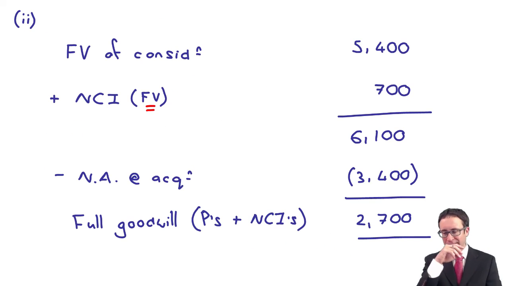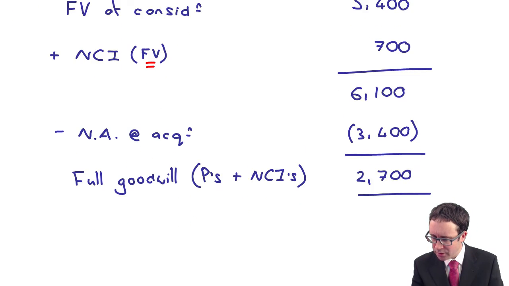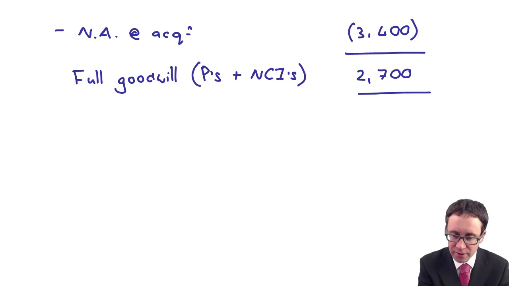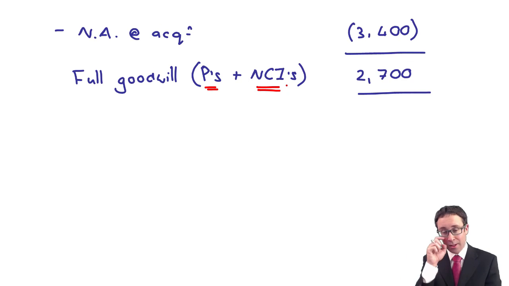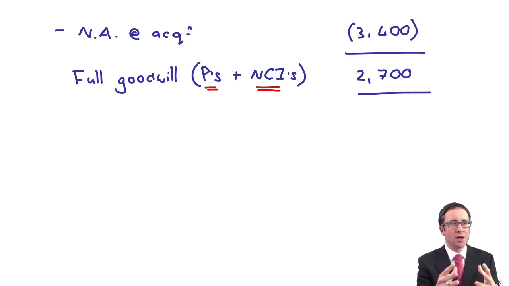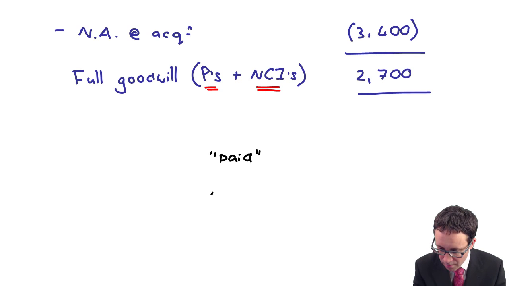One tiny little bit that I'll just go through and put in just to give you a better understanding. Here, the full goodwill. We've said the full goodwill is all about the parent share and the NCI share. So what have we got? What is the parent share? What's the NCI share? We could work it out by comparing it to A part 1. But effectively what you've got is the way in which we calculate goodwill is we look at what we've paid compared to what we've got, don't we?